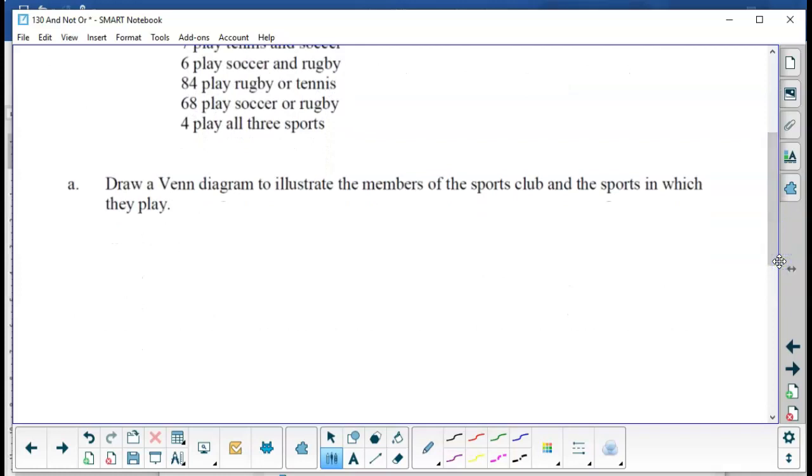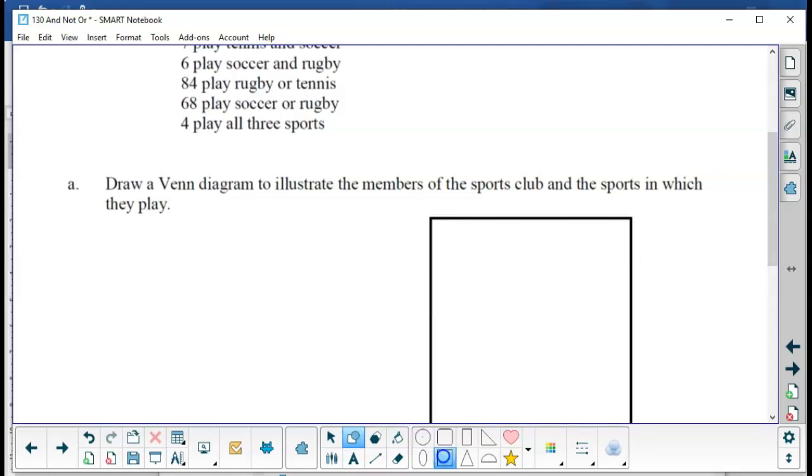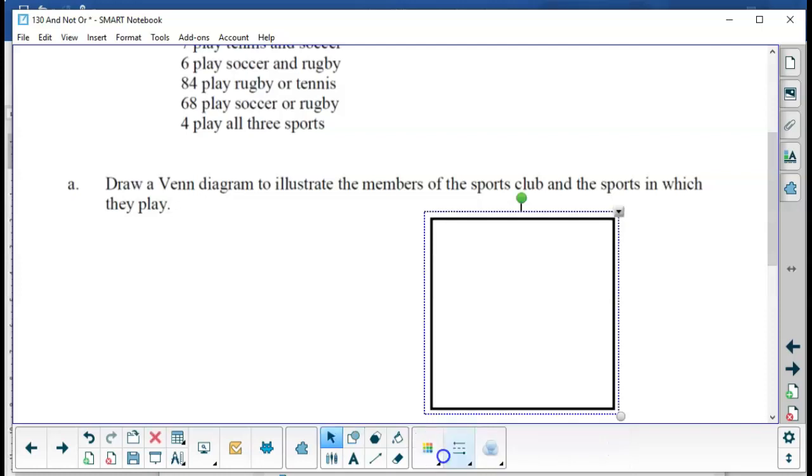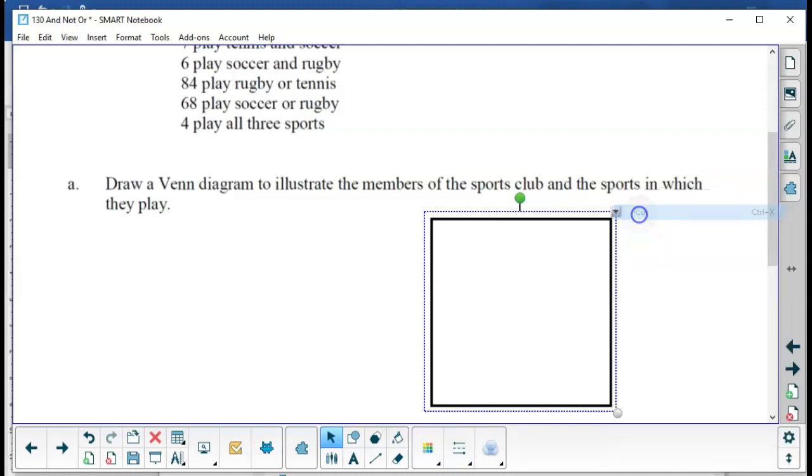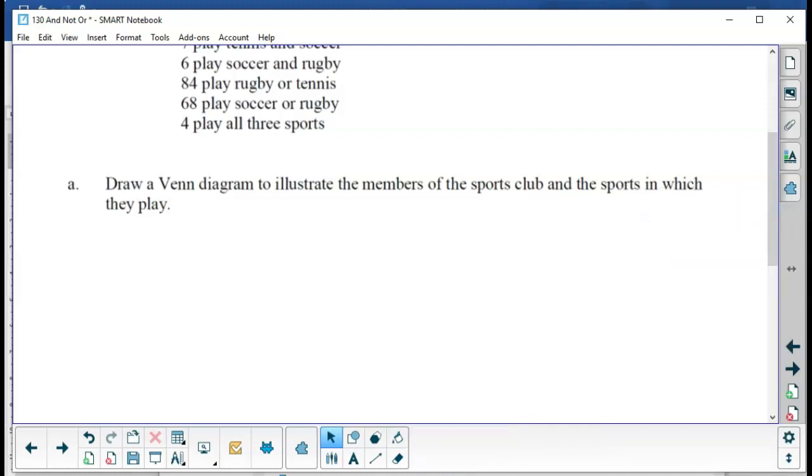Okay, so I'm going to do a big rectangle.